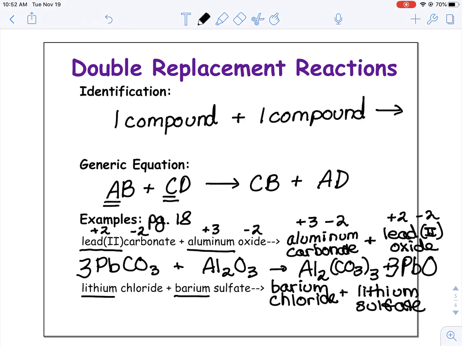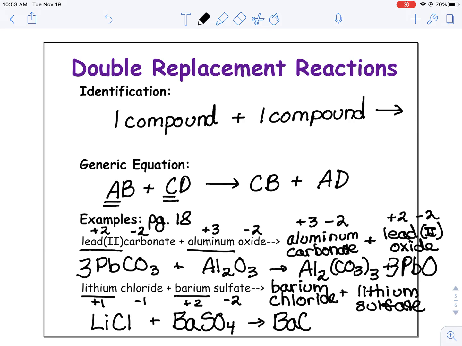Lithium has a +1 charge, chloride ion has a -1. Barium has a +2 charge when it's an ion, sulfate is -2. So lithium chloride is just LiCl because the plus and minus charges already add up to 0. Same thing with the barium sulfate. +2 and -2 already add up to 0, so you only need one of each in the formula.